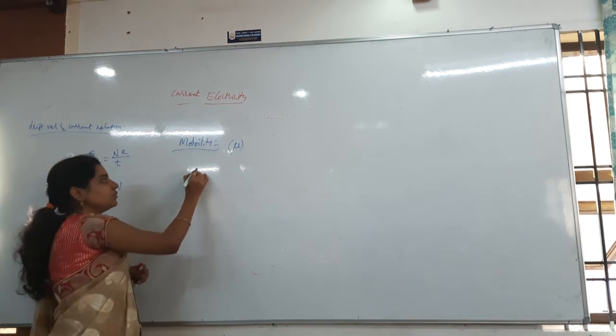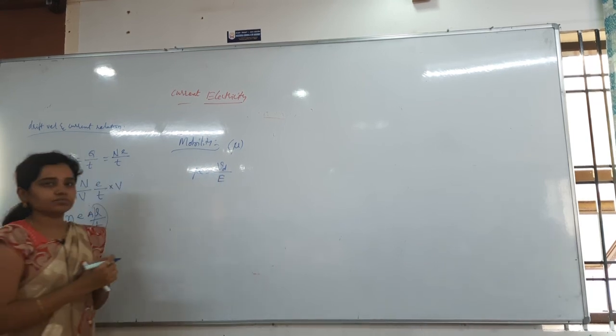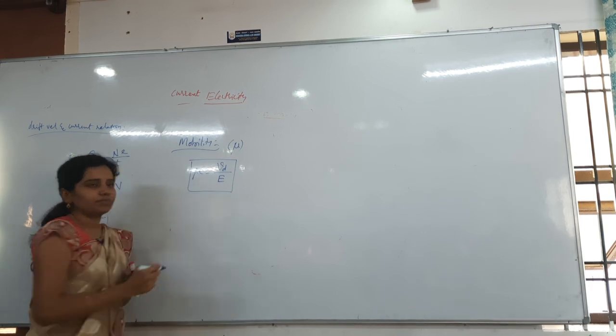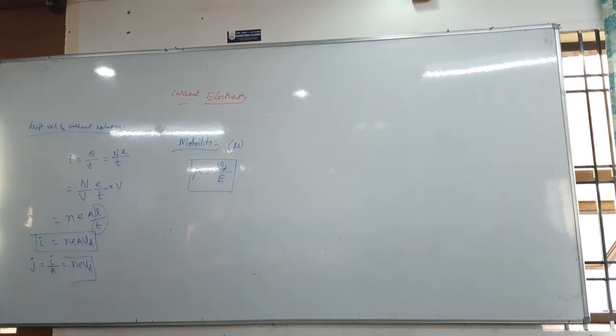Electron mobility mu is equal to Vd divided by E. Clear? That's it. Only one formula is there, mu is equal to Vd by E. The ratio of drift velocity to the electric field.